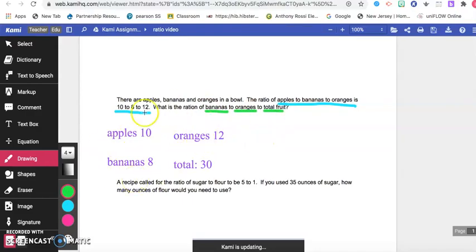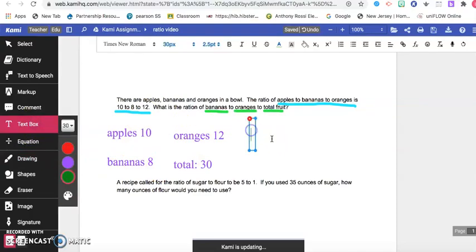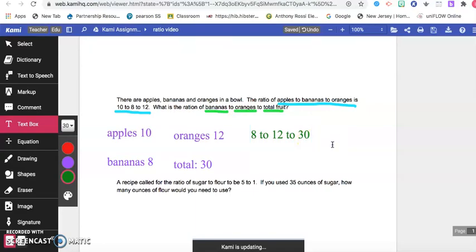So looking at the data that I pulled out, I know bananas is 8, oranges is 12, and my total fruit is 30. So my new ratio of bananas to oranges to total fruit would be 8 to 12 to 30. And that's an example of a compound ratio.